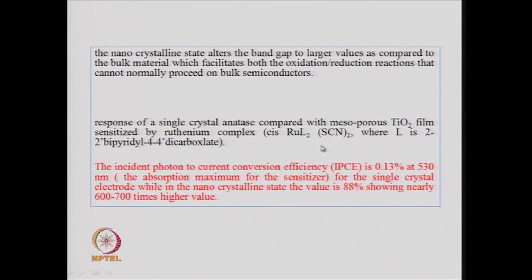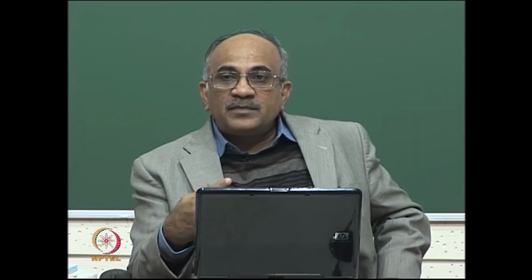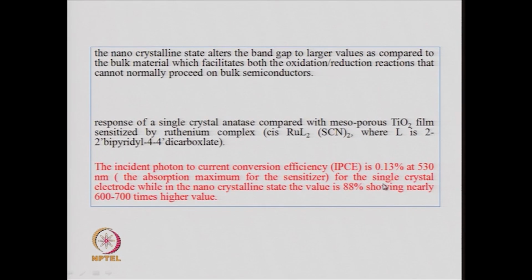The dye is the same, the incident light is the same, it is 530 nanometers, but the efficiency has increased to 88% from 0.13%. So, this dramatic increase in the efficiency can be connected to the surface area of the mesoporous titania film.